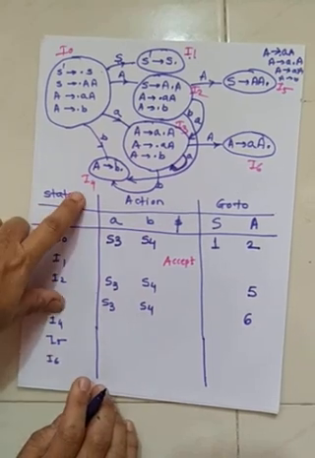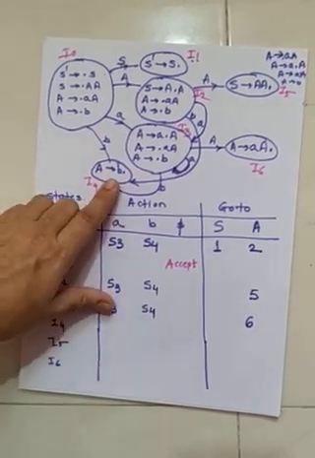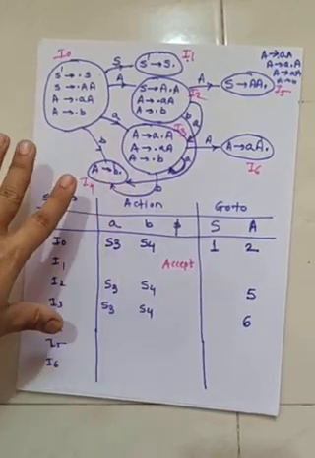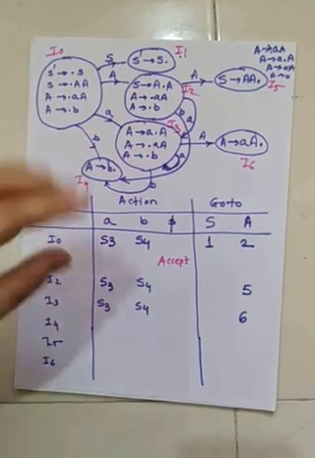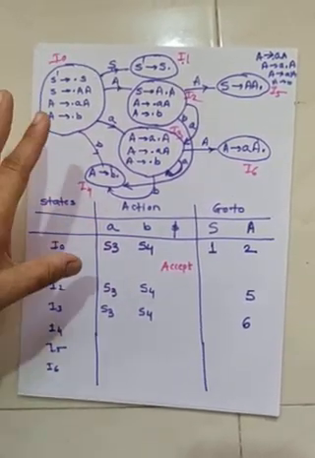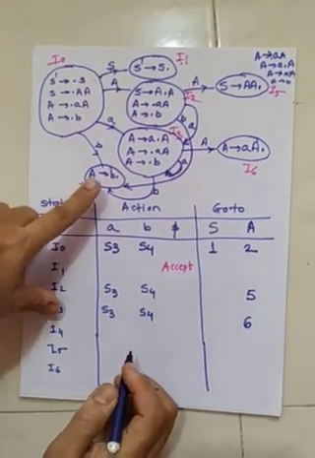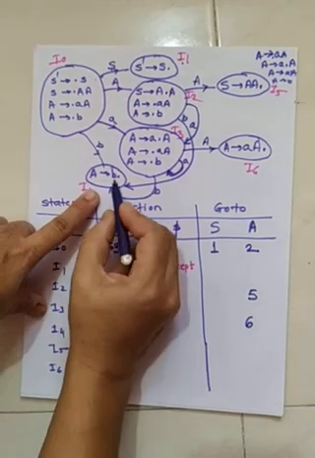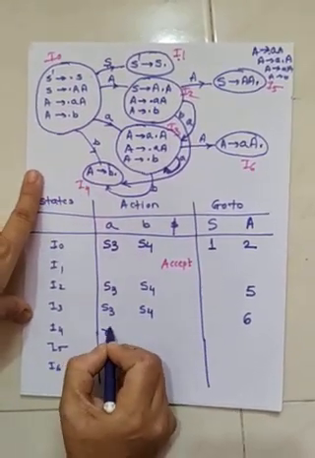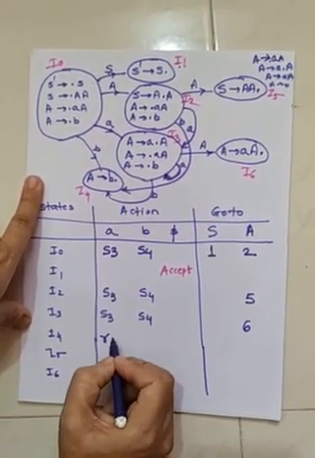Now the next step, I4. As we see here, there is a dot at the end. That means this I4 is a final state, a totally reduced state. That means for this we have to write the reduce action. So we will mention R for the reduced state. Now we have to identify a number here.